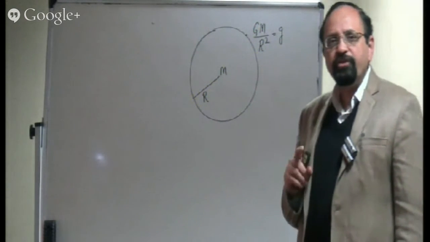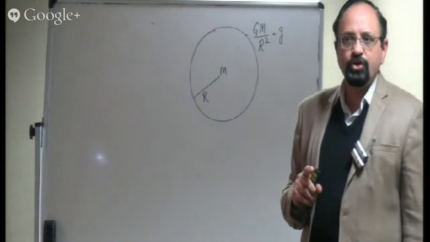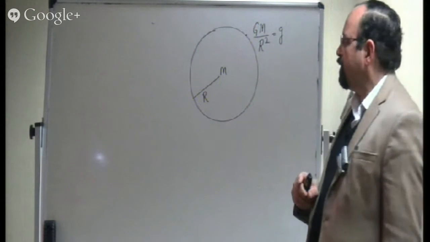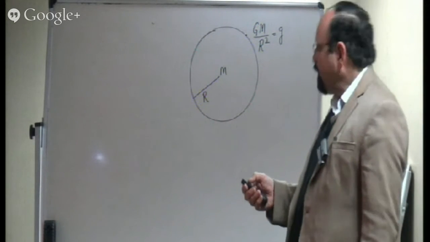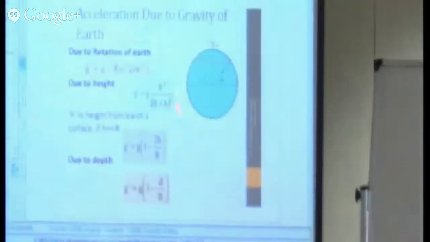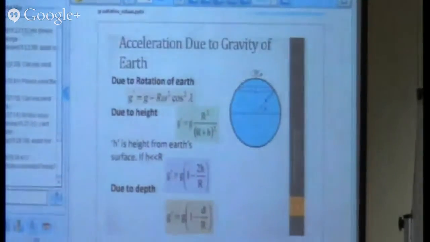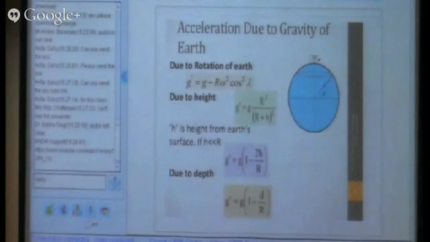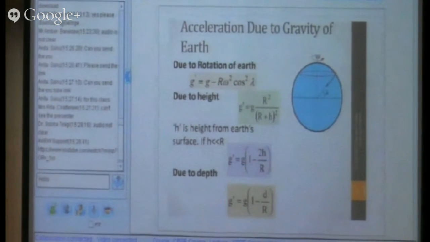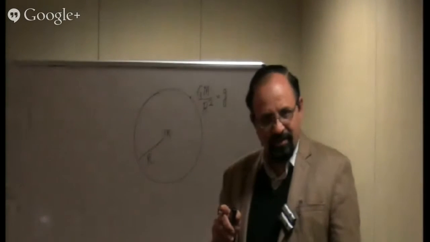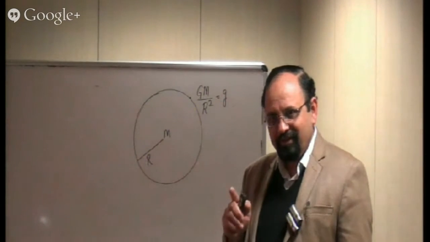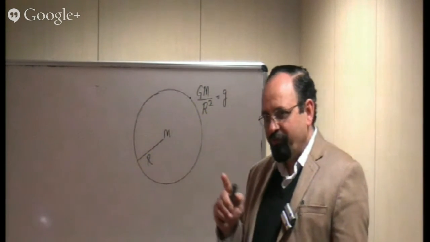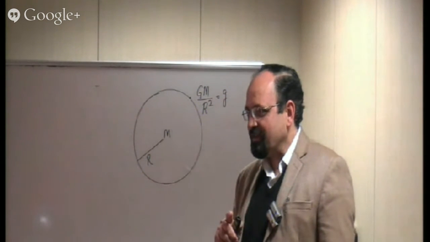There are a number of reasons for the variation of the acceleration due to gravity. The one very important reason is the rotation of Earth about its own axis. You all know that Earth rotates from west to east. Are you sure? Is it from west to east or east to west?